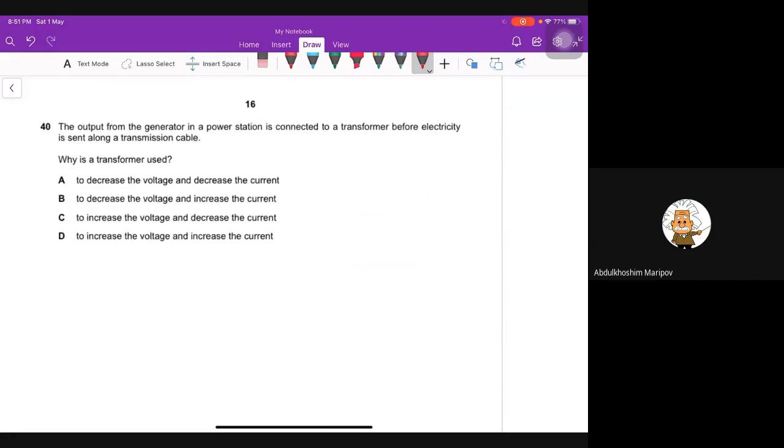The output from the generator in a power station is connected to a transformer before electricity is sent along transmission cables. Why is a transformer used?